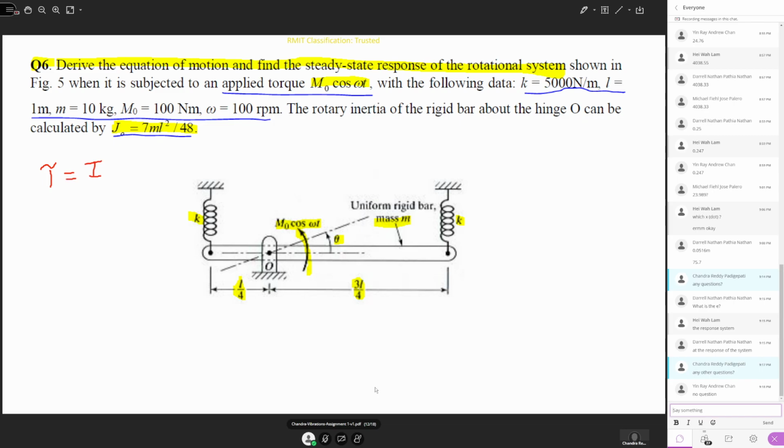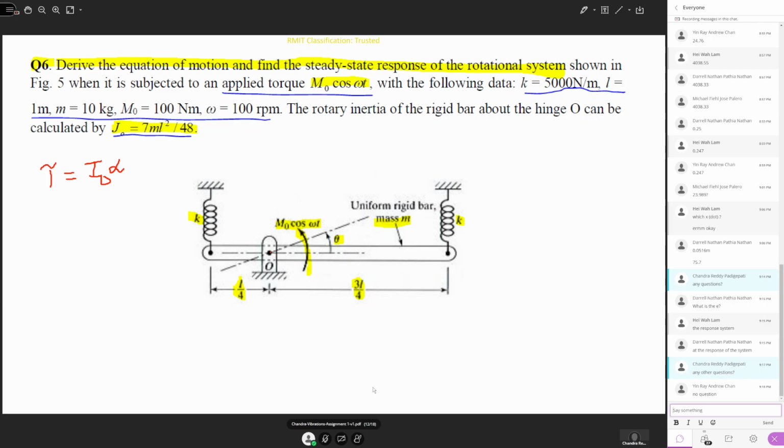This is like F equals M into A. The torque, which is the rotational force or moment of force, you can write as I naught, because you are referring to the mass moment of inertia with respect to the hinge O. So this is the net torque acting on the system.